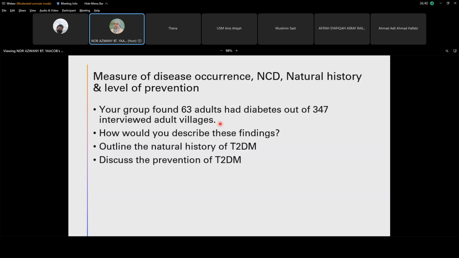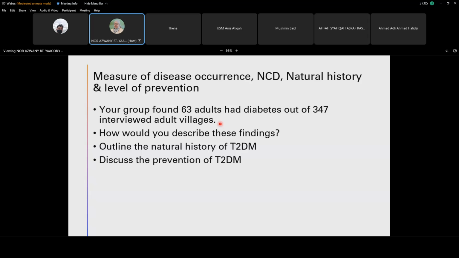So you can say the occurrence of diabetes is 63 over 347, which is how many percent. You can say the proportion of diabetes in this kampung is how many percent. Because this is categorical, using proportion is already correct. You cannot do prevalence here because you don't know the total number of the population.